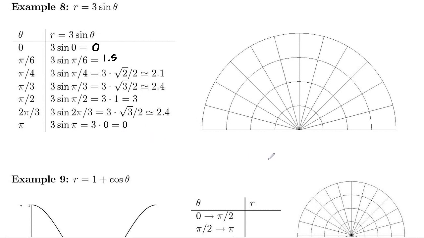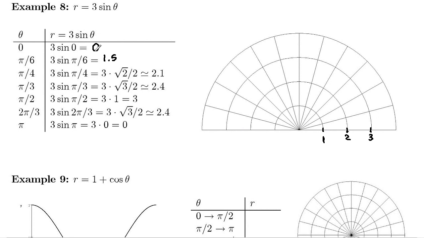So let's take a look here. Our biggest radius is at 2.5. Oh, no, I'm sorry, the biggest radius is 3. So why don't we scale this off as 1, 2, and 3.